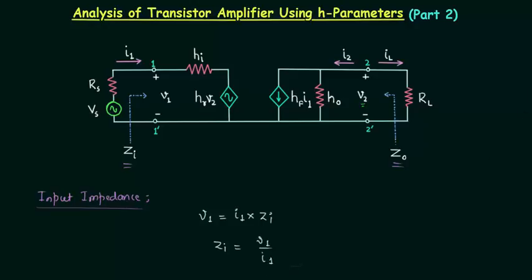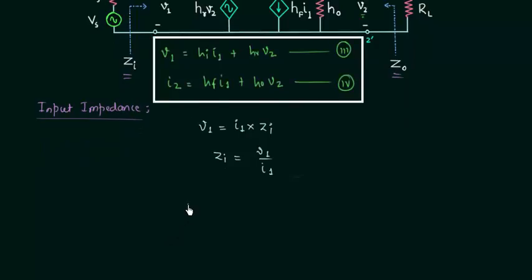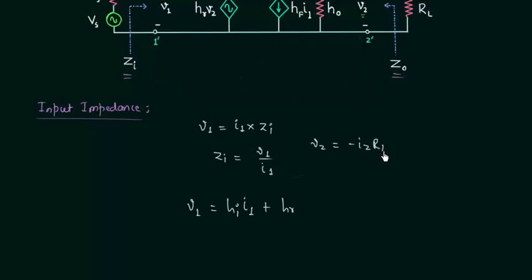Now I will use the H parameter equations, and from equation number 3 we have V1 equal to Hi I1 plus HR V2, and in place of V2 we can write minus I2 RL.